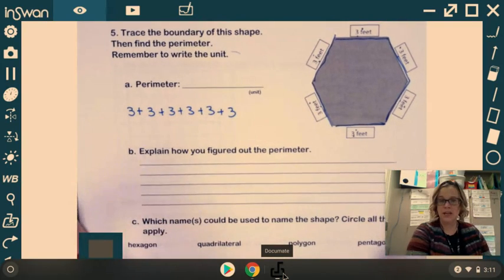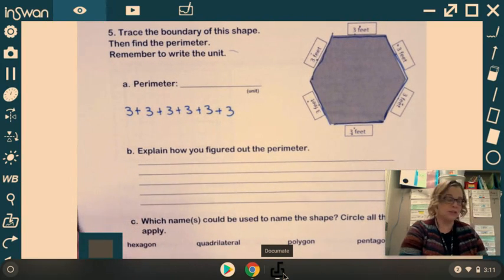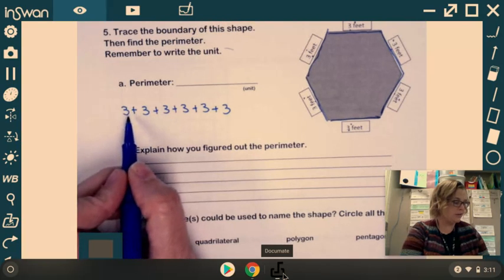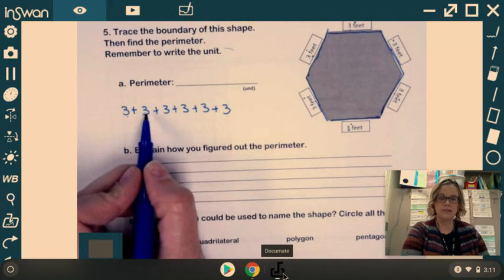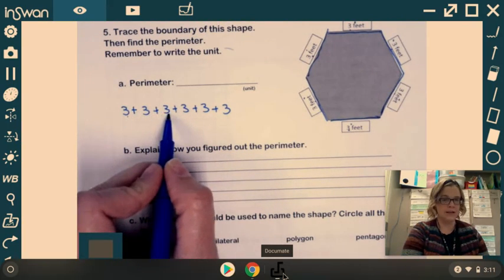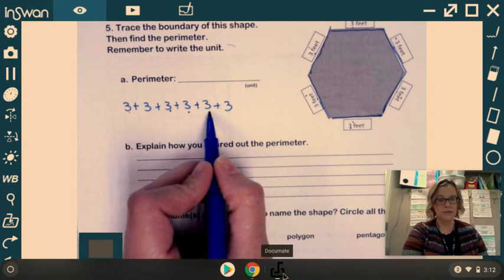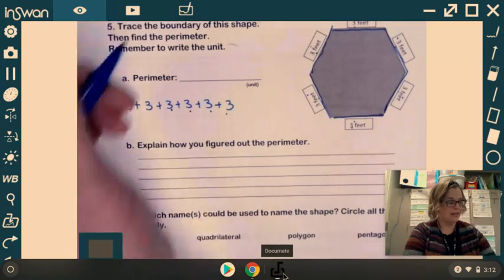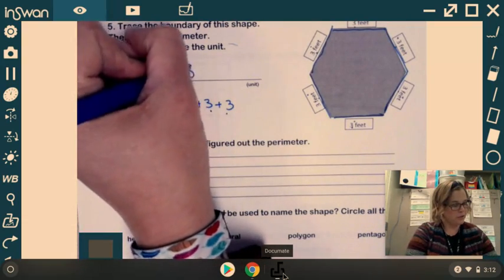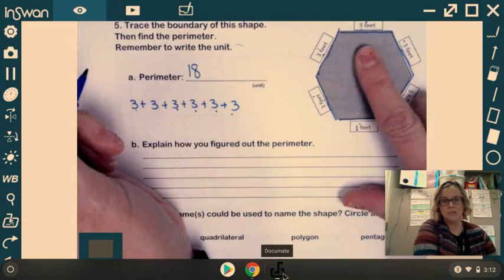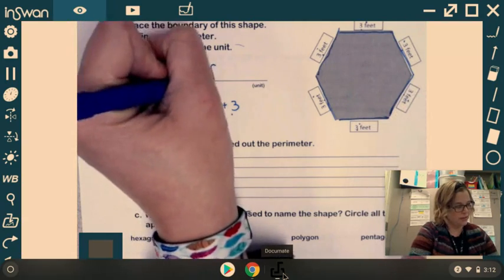Just double checking, making sure that I had 6 threes, and I can add them together. 3 plus 3 is 6, plus 3 more is 9, plus 3 more is 12, plus 3 more is 15, 3 more is 18. So my perimeter is 18, and then my unit is feet, so 18 feet.